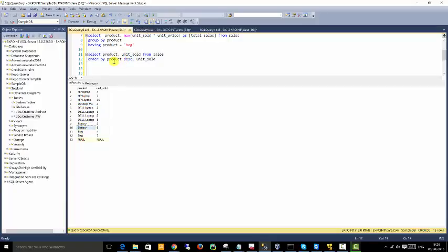So it's very important to understand that if you're ordering by 2 different columns, and I didn't specify descending here, that means it would order by product, and after it has ordered by product, it will then order by units.